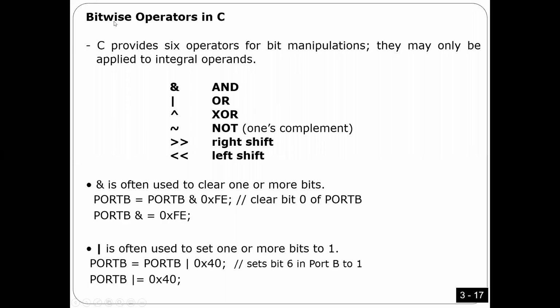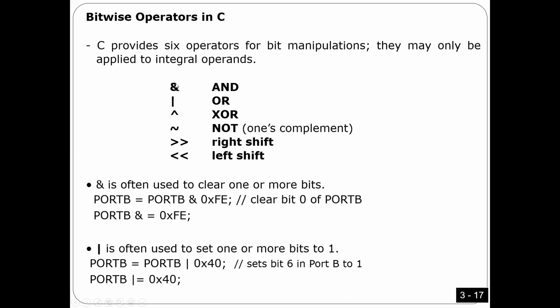So I'm gonna teach some operators we need in C language. The first thing I'm gonna teach in C language is bitwise operators. You know what I mean by bitwise, bit by bit operators. In C language, these operators are used for bit manipulation.